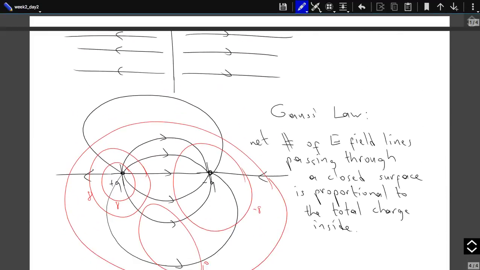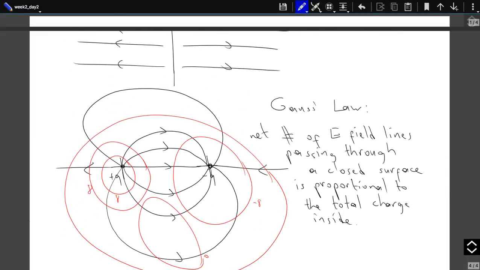Now let's go back to this diagram. We can just imagine such an area over here, which is perpendicular to the electric field lines. Count the number of electric field lines passing through this area, divide by the area, and that gives you the density.